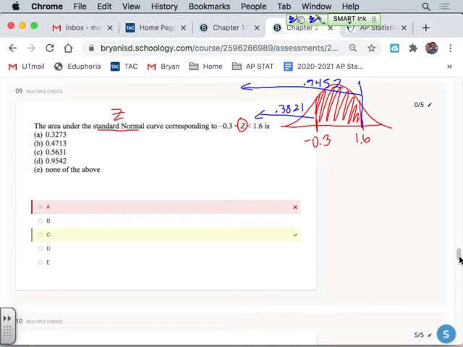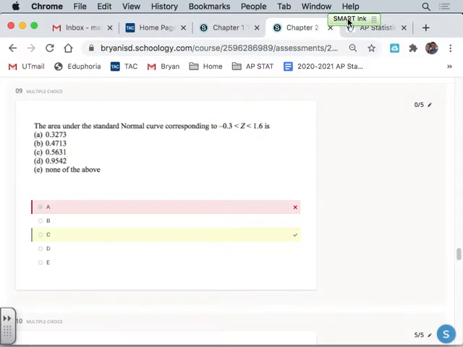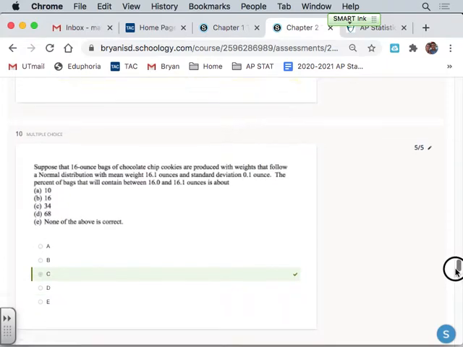But we're trying to find that in-between value. So this goes all the way to infinity, and the 38 goes all the way to infinity. So there is this little gap here where if I take away this 38% from the 94, so 0.9452 minus 0.3821 ends up being that C value, that 56%. All right, seeing some errors, seeing some gaps.